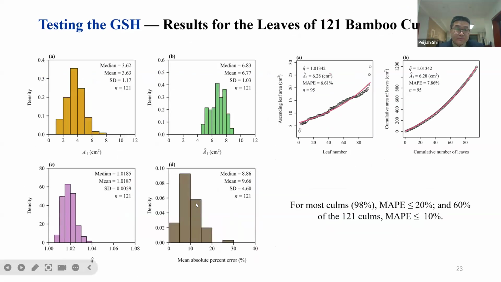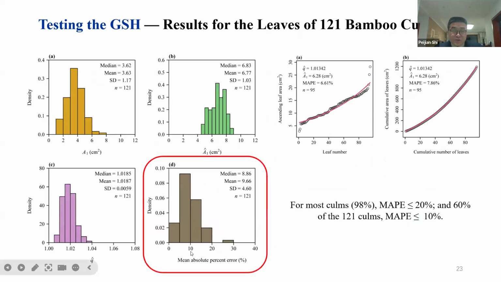But for the bamboo species, it is just so. We can say most APE are larger than 5%. However, for more than half of the bamboo culms, the MAPE were smaller than 10%.